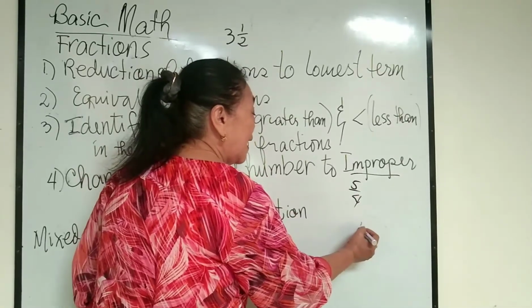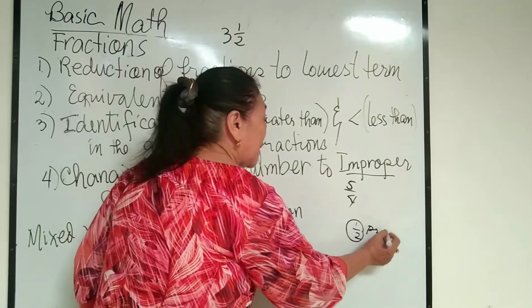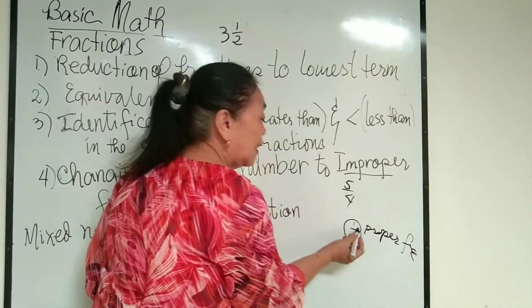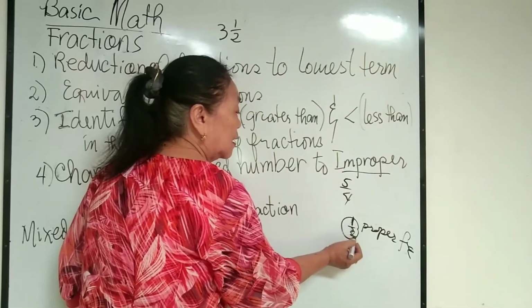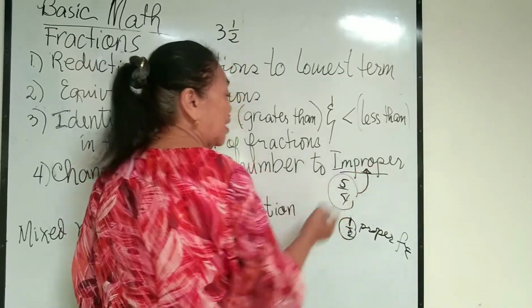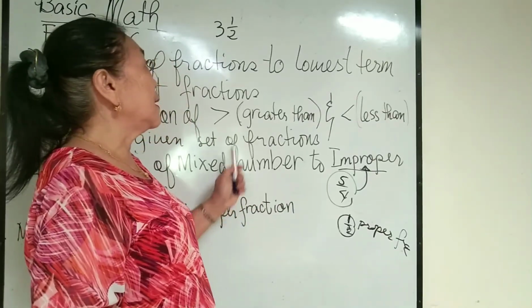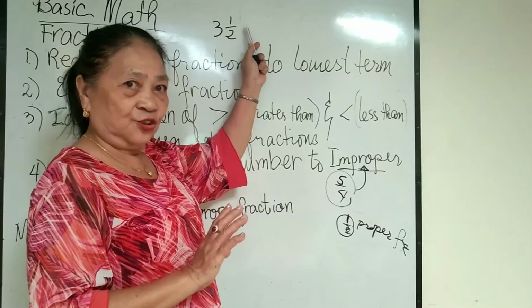So if you have 1/2, this one is proper fraction, where the denominator is greater than the numerator. But 5/4 is an example of improper fraction. May I repeat? Mixed number is the composition of a whole number and fraction.